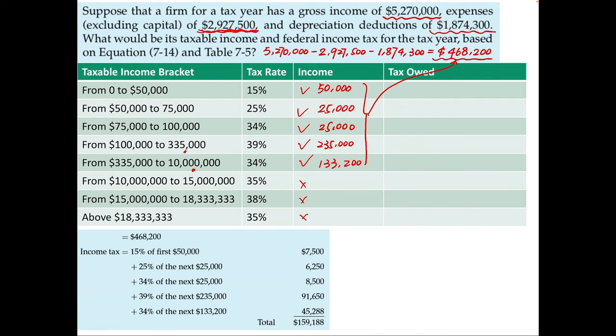Okay, and you fill this up, and then you use this tax rate to multiply with the income to get your tax owed. So it's going to be 15% times 50,000, which is 7,500. And then the second bracket, 25% times 25,000, which is 6,250.